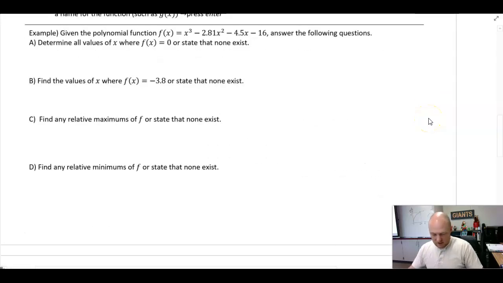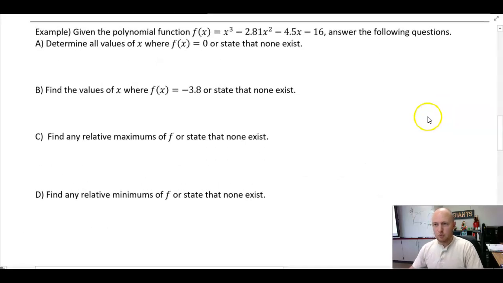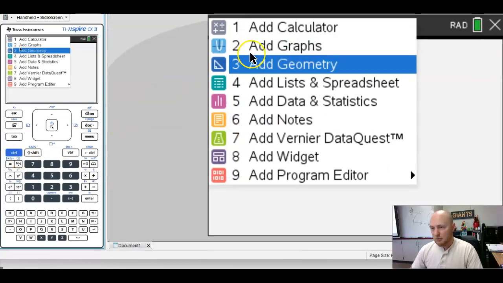Let's look at example number 1. When given a polynomial function, f of x equals x cubed minus 2.81x squared minus 4.5x minus 16, answer the following questions. Determine all values of x where f of x is equal to 0, or state that none exist. I'm going to go to my calculator and add a graph.